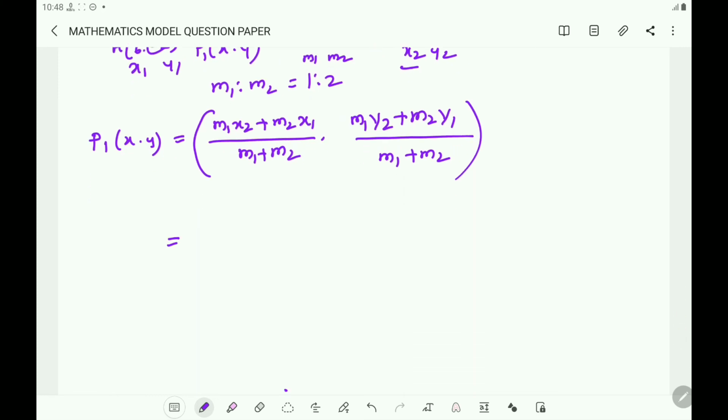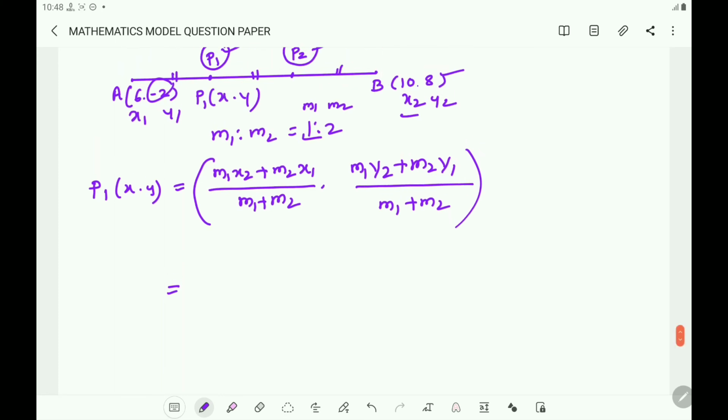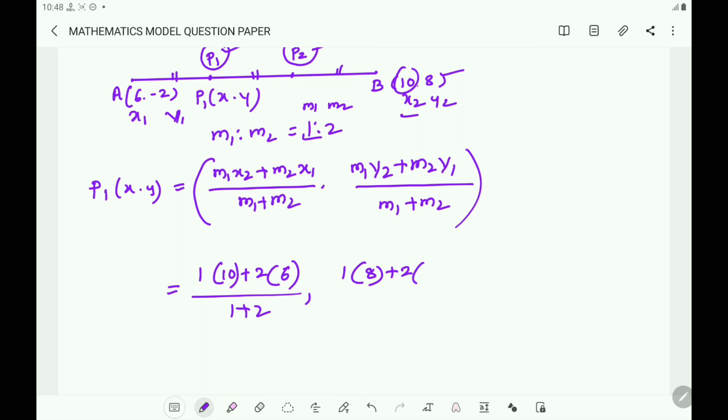That equals m1 is 1 into x2, 1 into 10, plus m2 is 2 into x1, x1 is 6, that divided by 1 plus 2, and m1 is 1 into y2, y2 is 8, plus m2 is 2 into y1, y1 is minus 2, that divided by 1 plus 2.